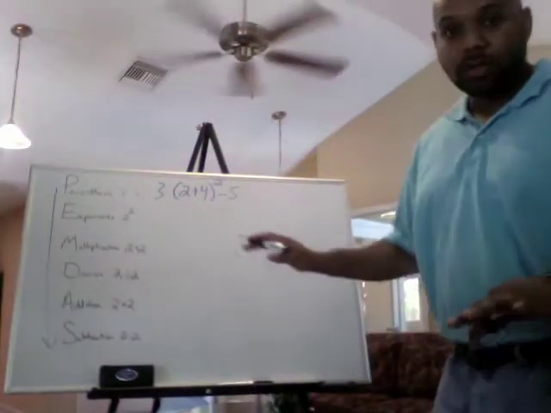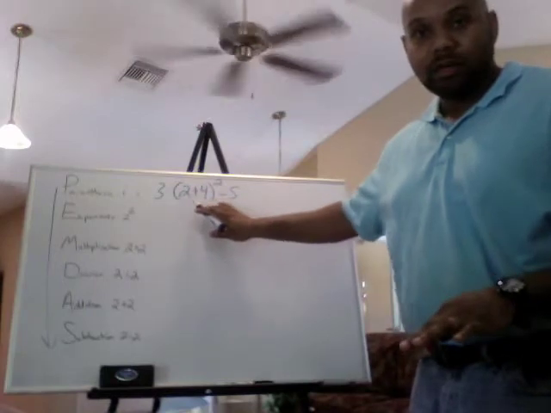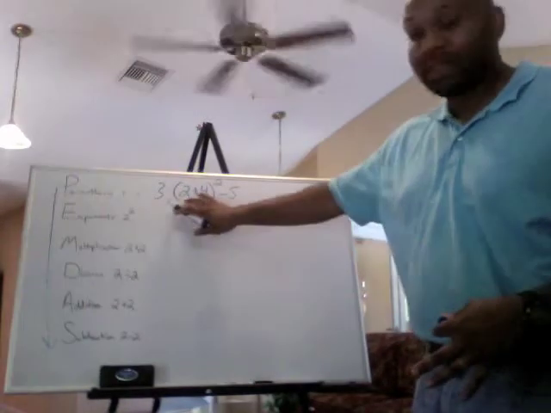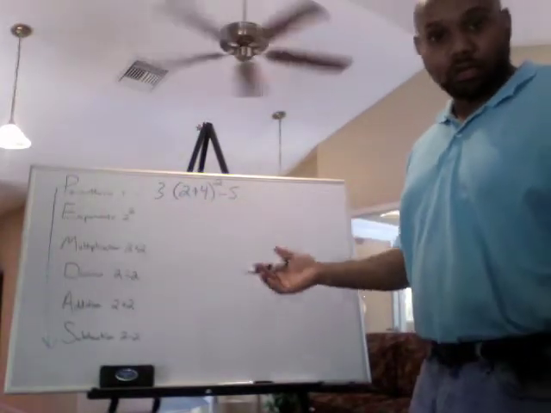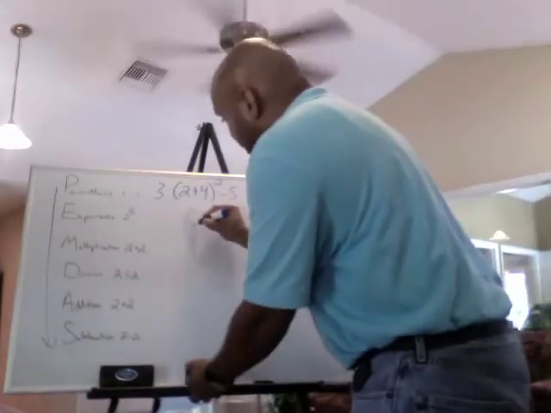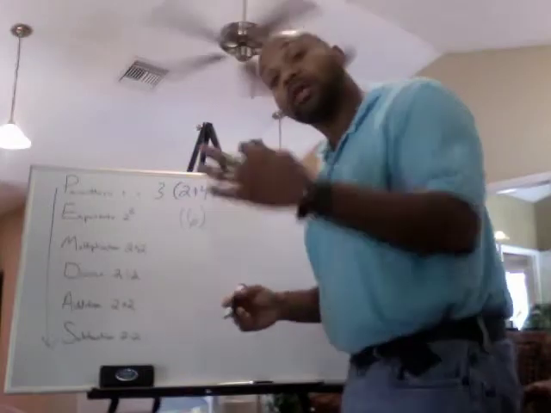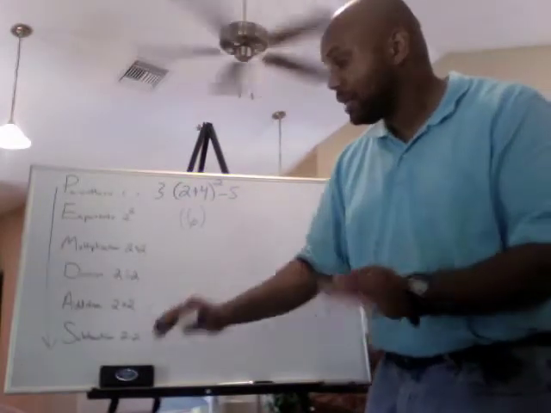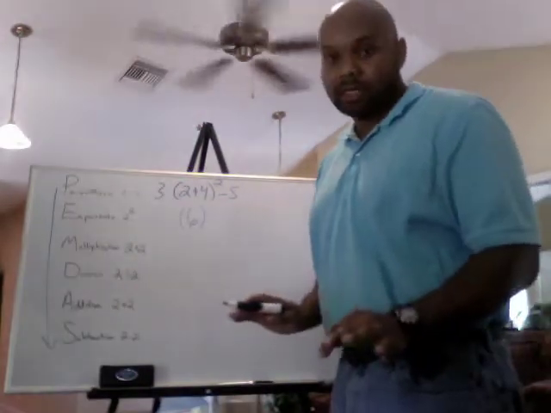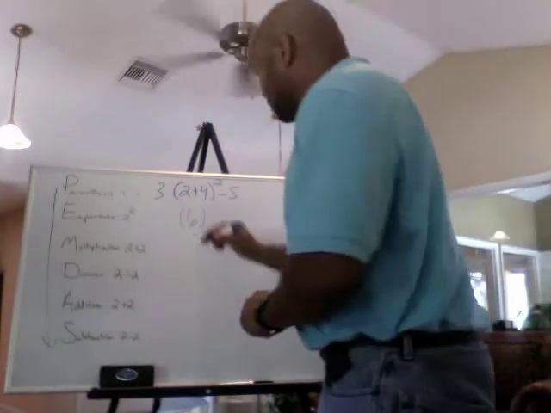So the first thing that we're going to do is solve or simplify the expression within the parentheses. Simply 2 plus 4, which will give you 6, and we're just going to continue to go through this because we want to get to the point where we're going to isolate and actually use our order of operations in the reverse direction.